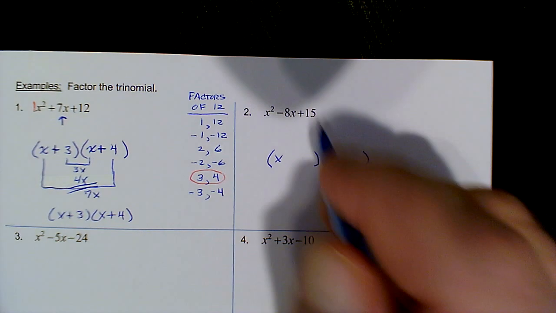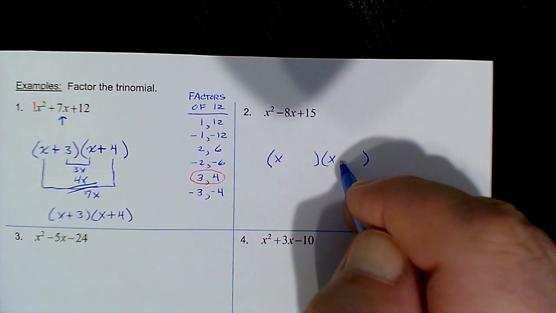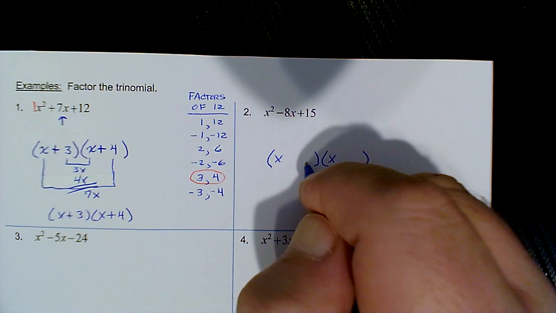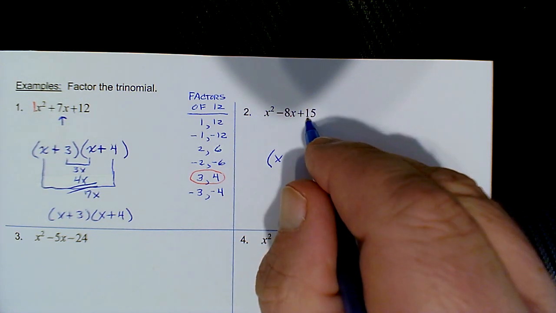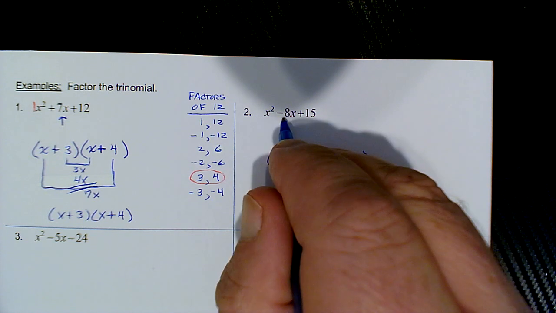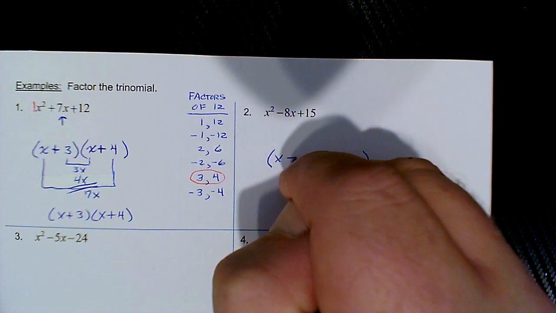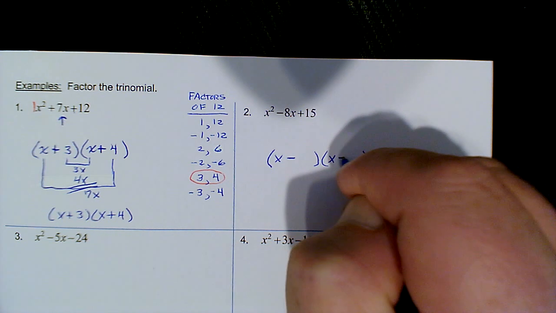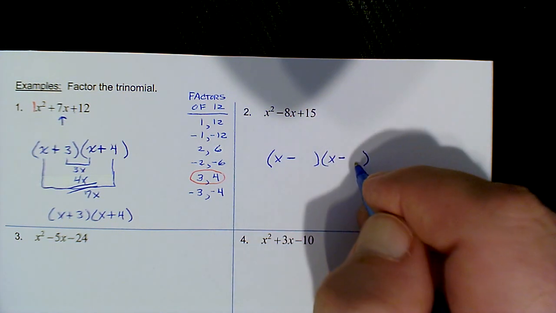Now a couple things about this one. In terms of the signs, in order to multiply to give us a positive 15, but at the same time add to give us a -8, these terms would both have to be negative, because that's the only way we can multiply to get a 15 here.